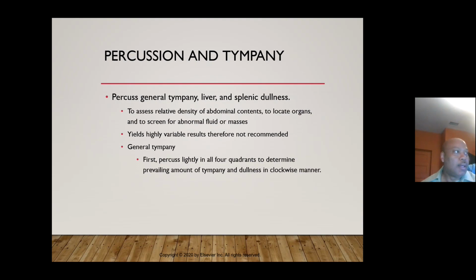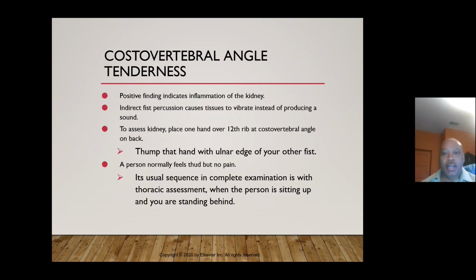All right. Now, when we're trying to determine kidney tenderness, this is an exam that we use. The physician may describe it as CVA tenderness, the acronym for costovertebral angle tenderness.